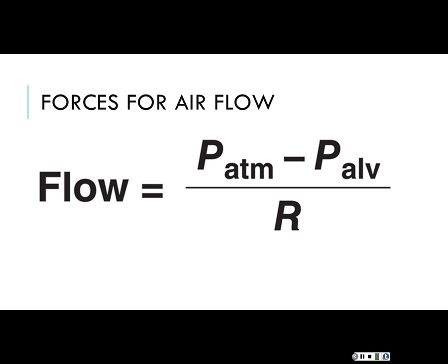So what we conclude is the larger the pressure gradient between the alveoli and the atmosphere, the greater the airflow. Conversely, if there are any resistance factors, our airflow would decrease because the relationship is inverse. So this formula just simplifies that concept, hopefully.